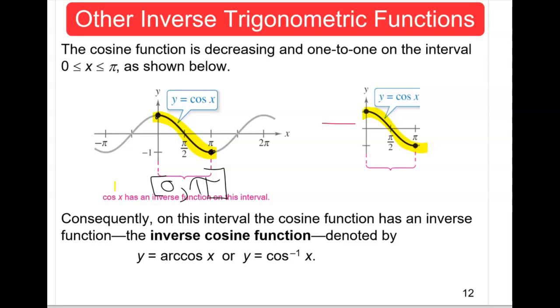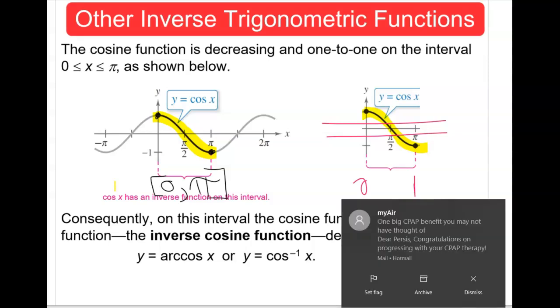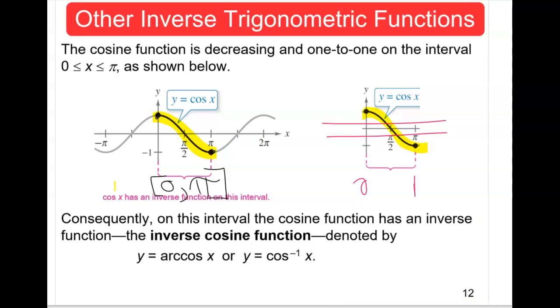So now if we trace a horizontal line, anywhere we trace it, we are guaranteed to pass the horizontal line test, meaning that this part of the function with the restricted domain from 0 to pi is what we're going to concentrate on.